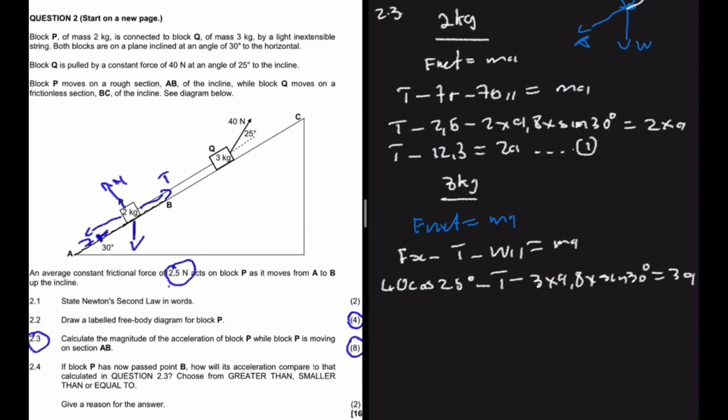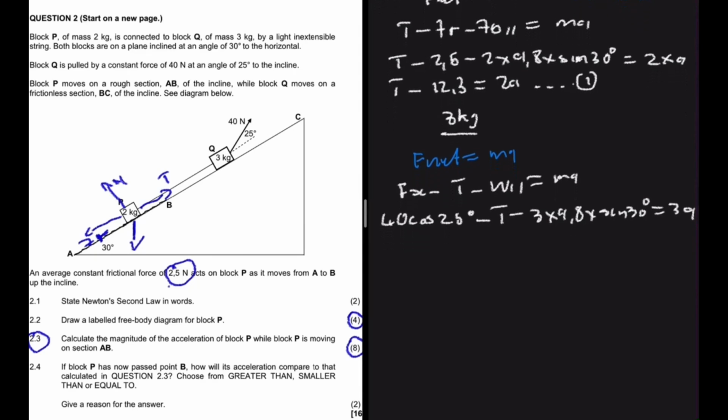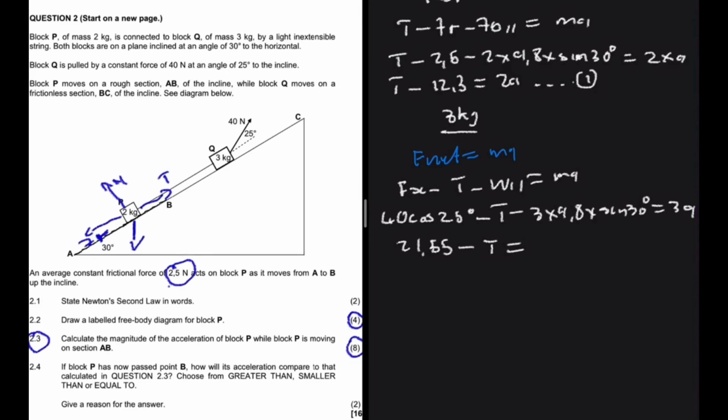Right, so we have that there. Let's go ahead and solve our problem further. If you solve the left hand side, we're going to end up with 21.55 minus tension being equal to 3a. You can see that we have something very similar to our equation 1, right? So we're going to name this equation 2 and solve simultaneously.